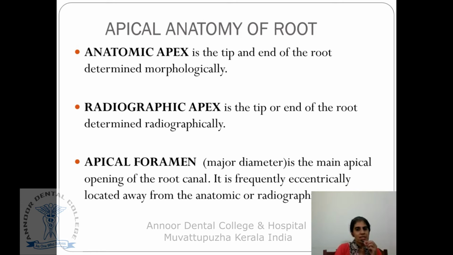Radiographic apex is the tip or the end of the root that is determined radiographically. And apical foramen is the main apical opening of the root canal. It is normally funnel shaped and it is frequently eccentrically located away from the anatomic apex or the radiographic apex.